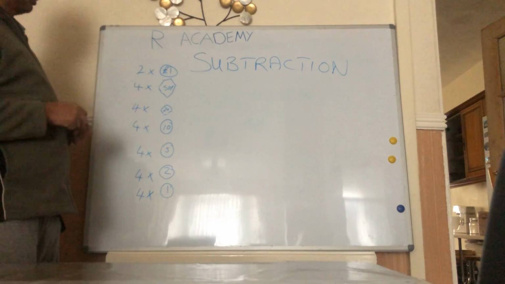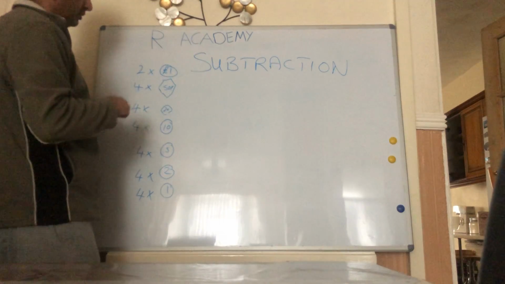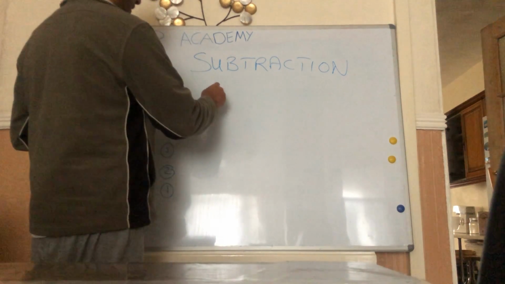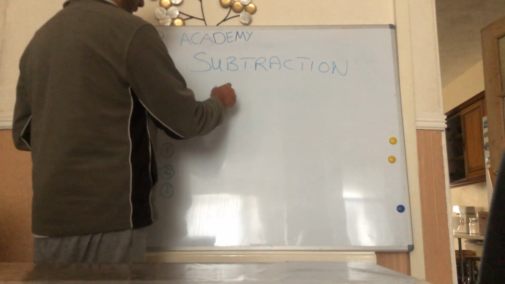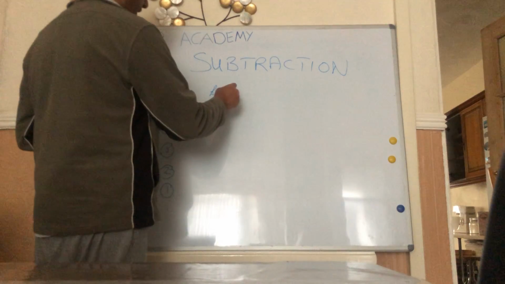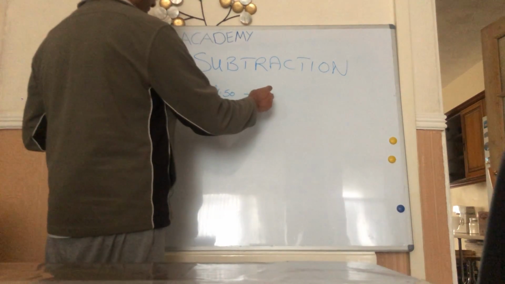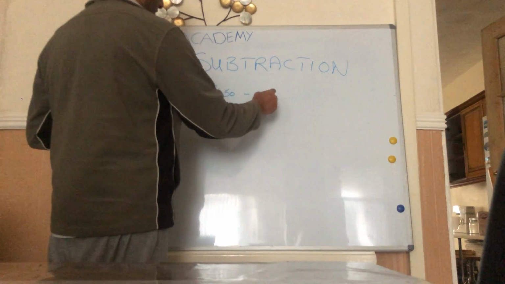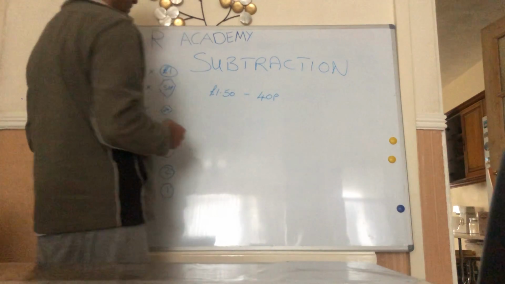So if you were working on money, you could say £1.50 minus 40p, say for example.